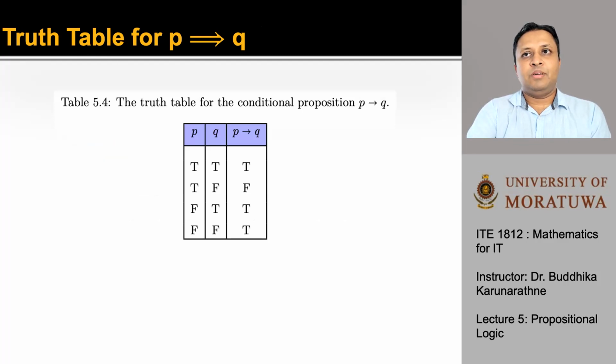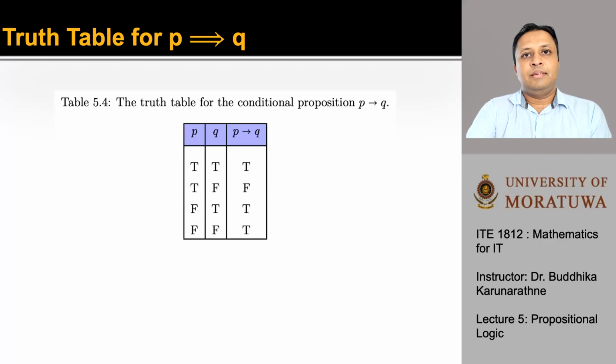You'll notice that in only one of the combinations, P implies Q's truth value will be false. In all other conditions, the truth value of P implies Q will be true. So what is this only condition? It is when P is true and Q is false.